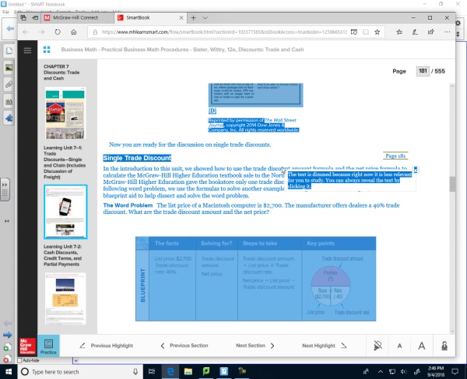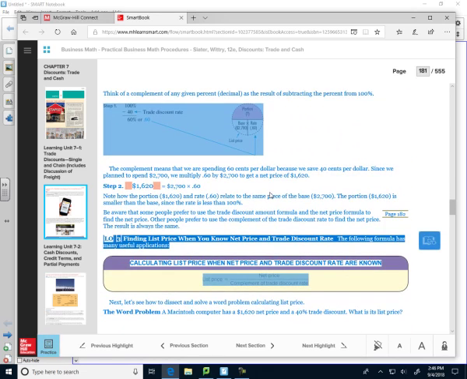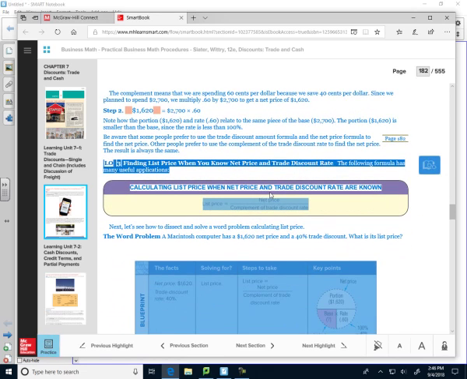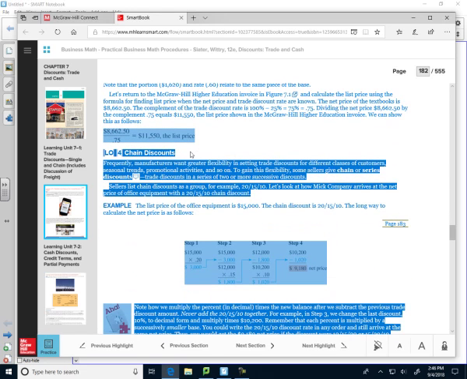Now, if you want to know how much you're saving, you don't subtract from the 1. You just convert the percentage to a decimal and multiply by the original invoice. That's how much you saved. Okay? So we worked a few of those problems, and I will get around to assigning a few of them. They're pretty simple.